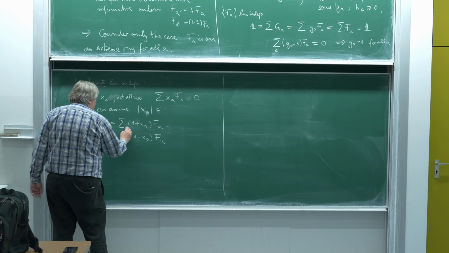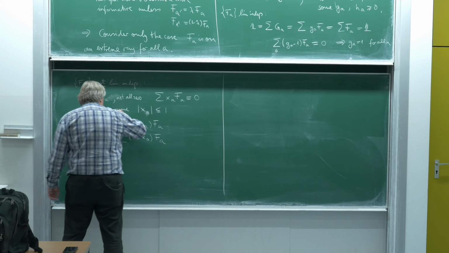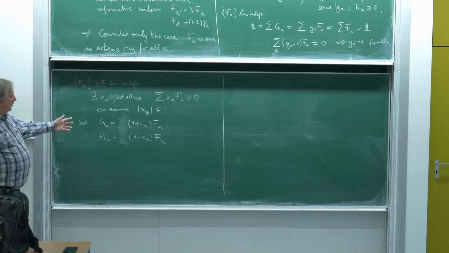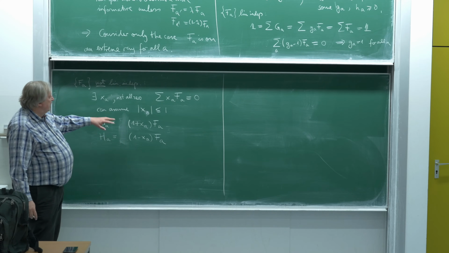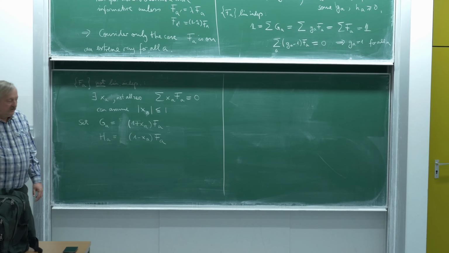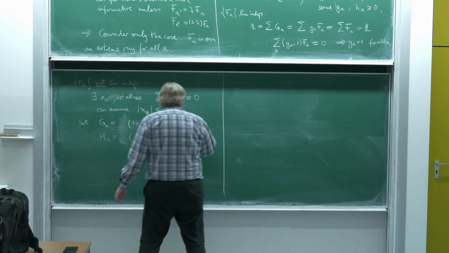So this is always the sum over A. Right? No, sorry, there's no sum. This is what it basically has to look like. We know that any kind of decomposition of the F's has to be in terms of multiples.